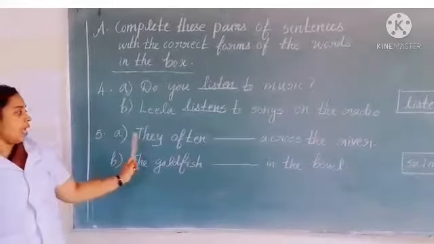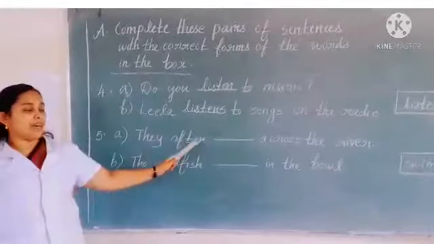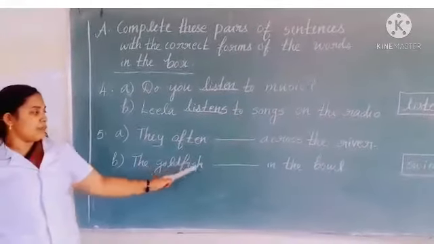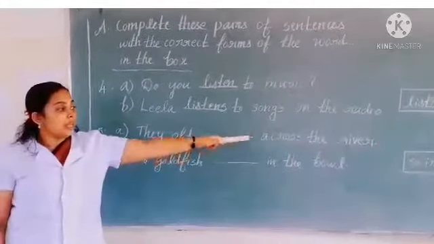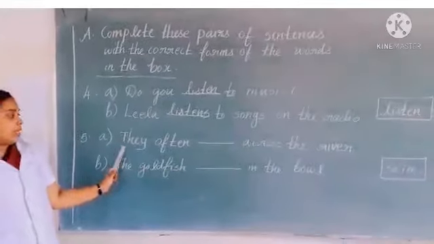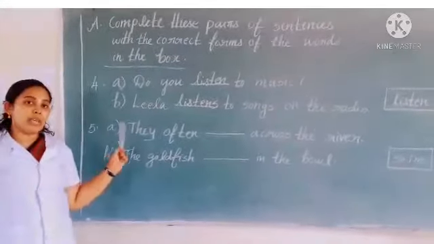Fifth one, A, they often dash across the river. B, the goldfish dash in the bowl. Here the given word is swim. Look at the first one. Which is the noun here? It is they. They is plural, more than one.